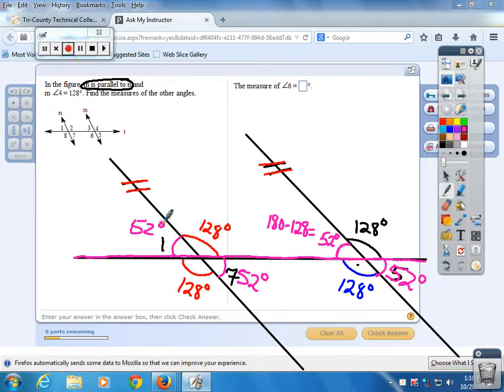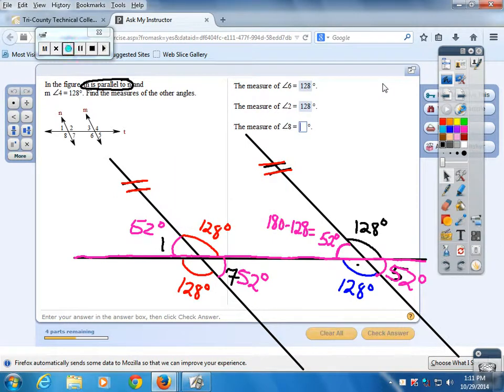They had one that had 12 on it. Well, angle 6. They're asking for angle 6. Angle 6 is 128. I don't know why I can't type today. Angle 2 is 128.